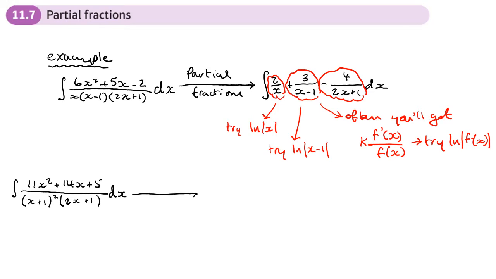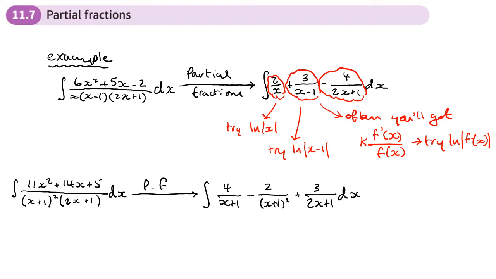Now again, using partial fractions, let me just write PF for partial fractions, that would become an integration of 4 over x plus 1 minus 2 over x plus 1 all squared plus 3 over 2x plus 1 dx.